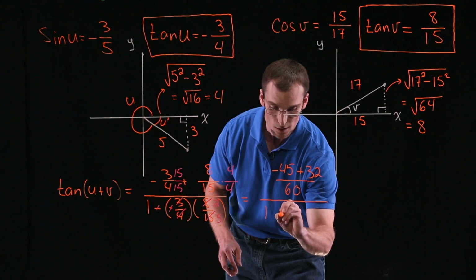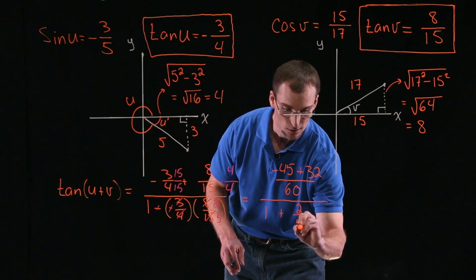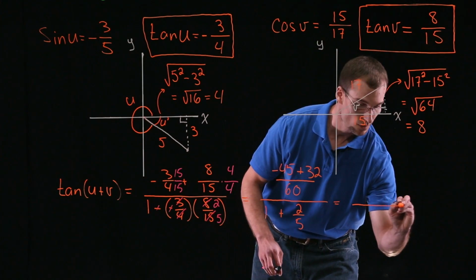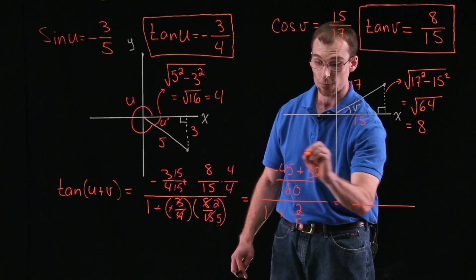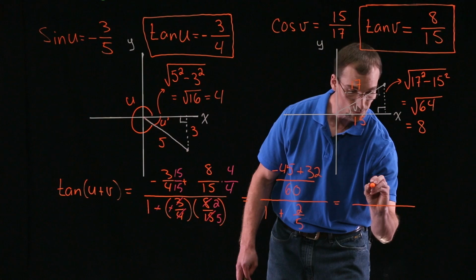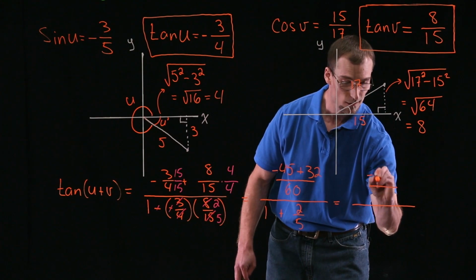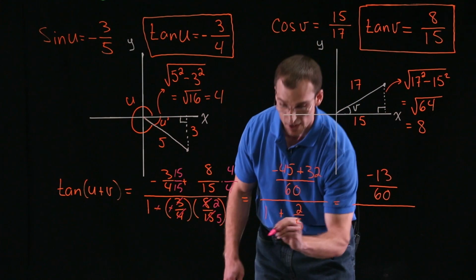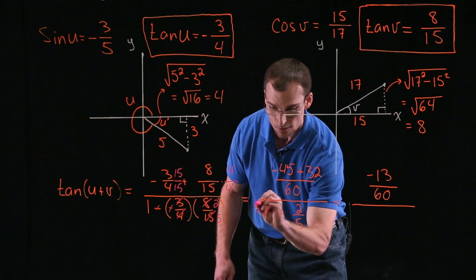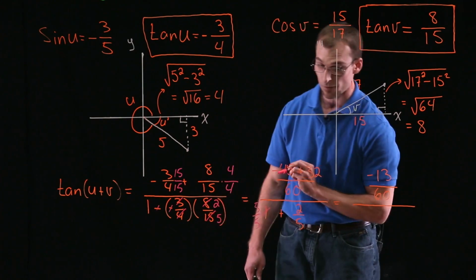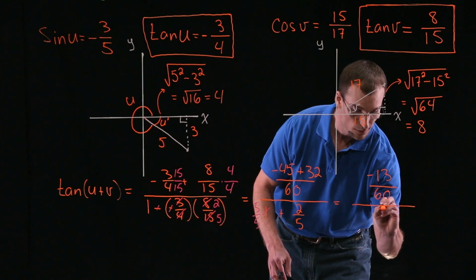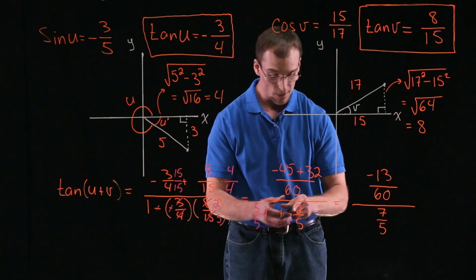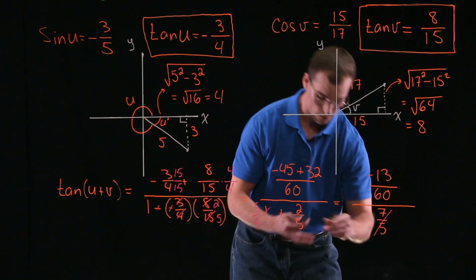So we have 1 plus, say, 2/5. Okay, so negative 45 plus 32 in our numerator gives us a negative 13 over 60. And our denominator, adding 1 plus 2/5, thinking of this as adding 5 over 5 plus 2/5, gives us 7/5.